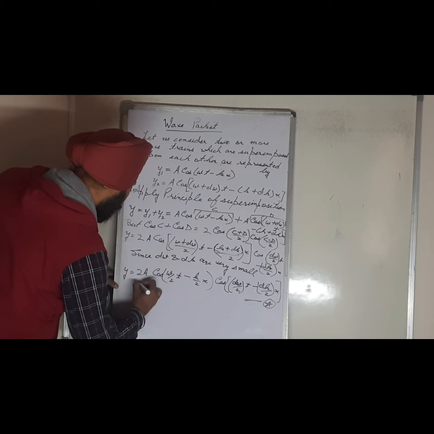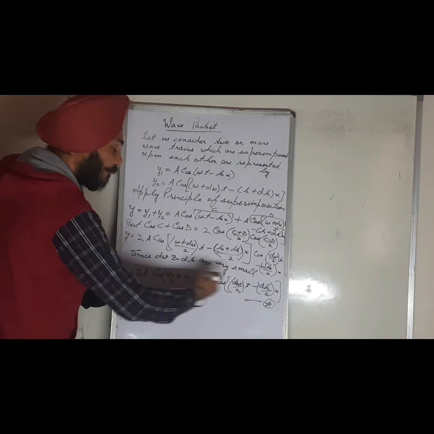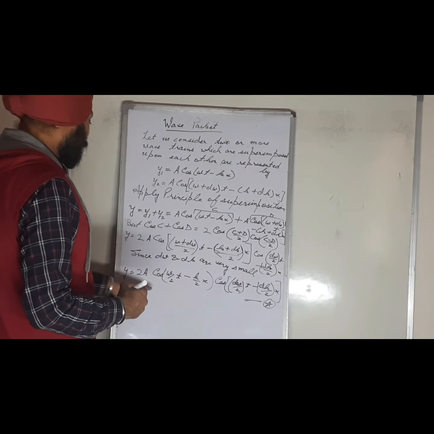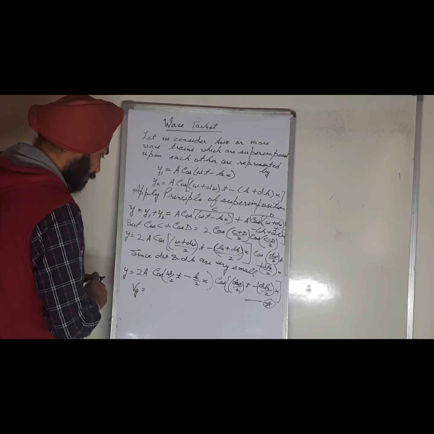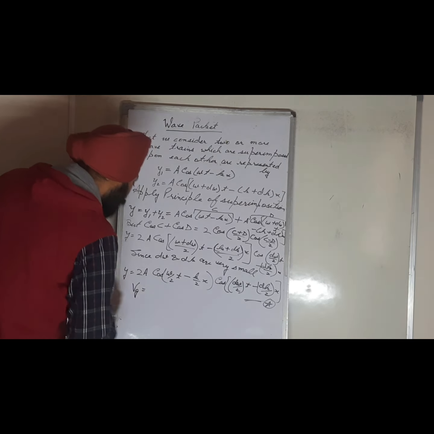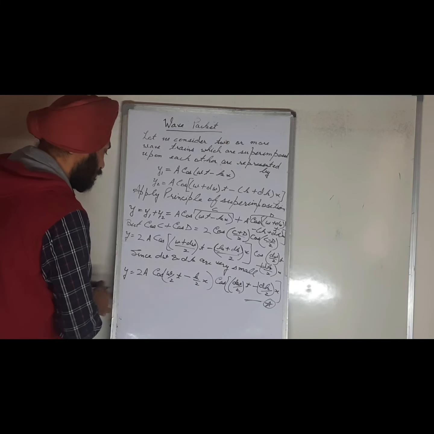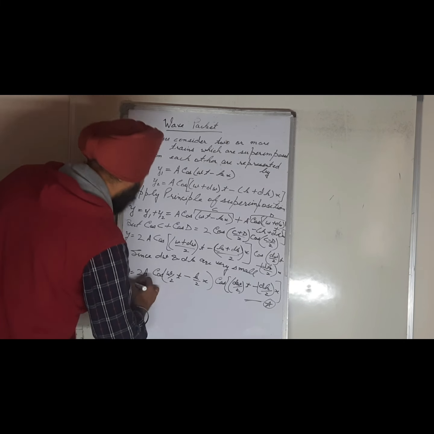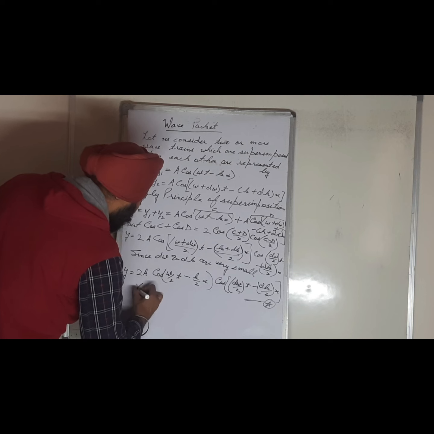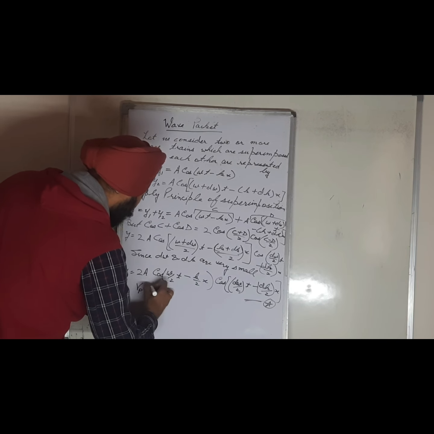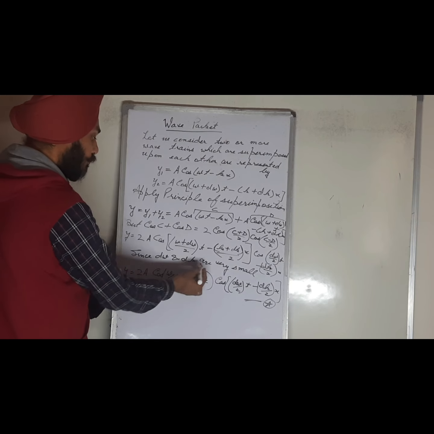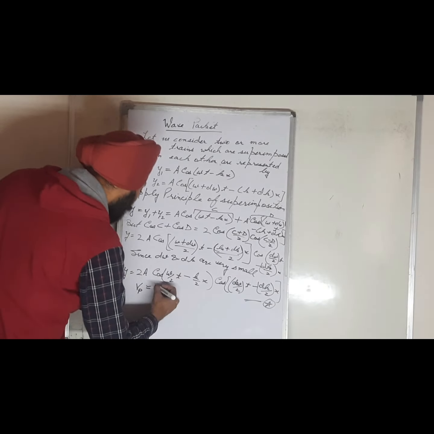Because this is a group of waves, we have group velocity. First I take phase velocity. Phase velocity is denoted by Vp, which is equal to (omega by 2) over (k by 2), it becomes omega by k.